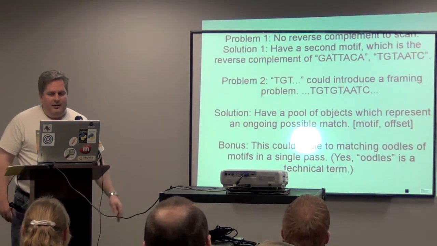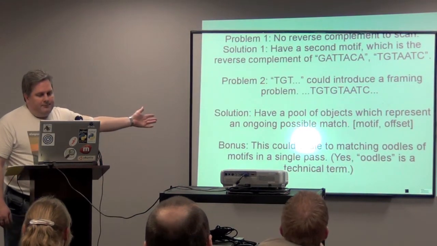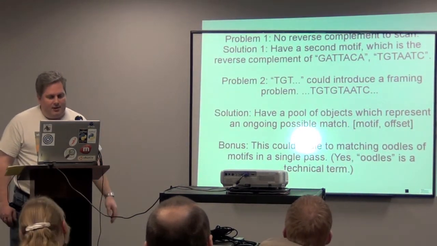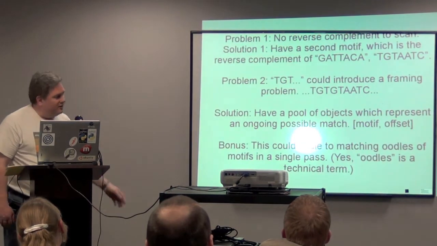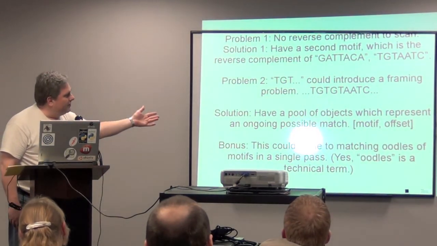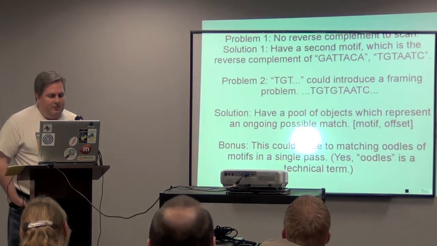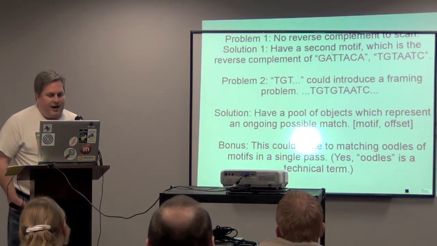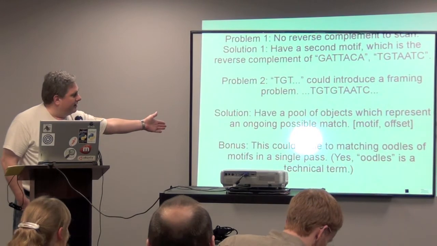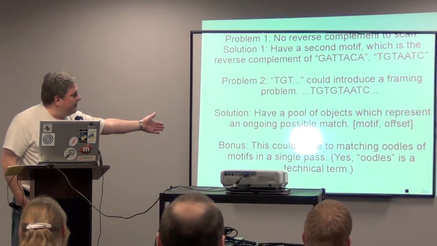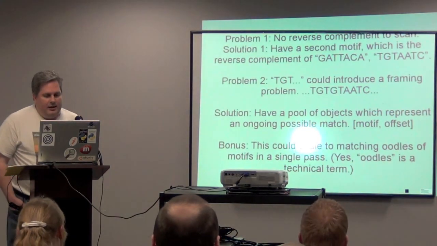One of the things that is a bonus that this method turned out to have is that I could scale this to dozens, hundreds, thousands. I'll settle on the technical term oodles. I could be matching oodles of patterns.